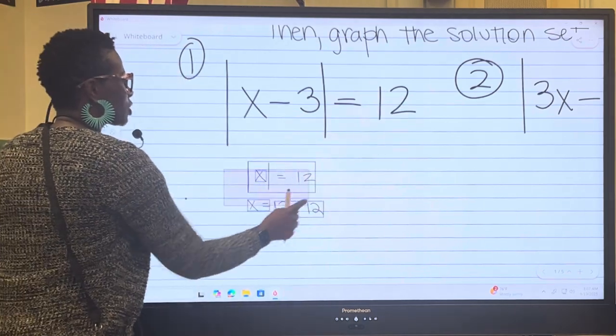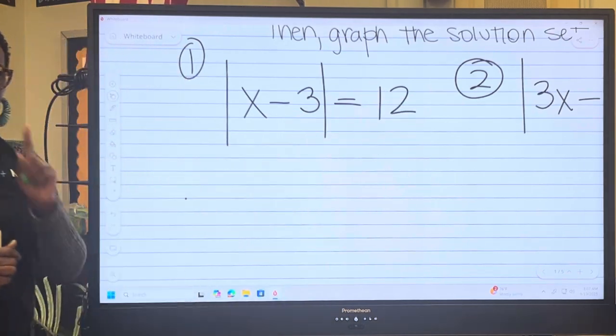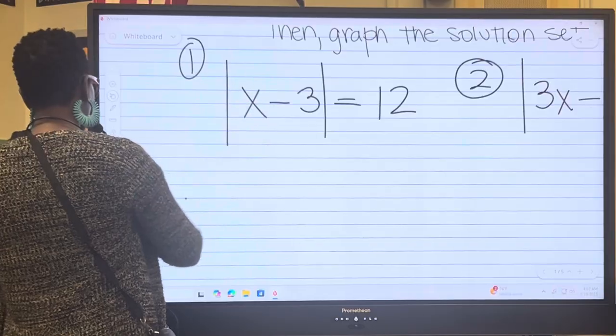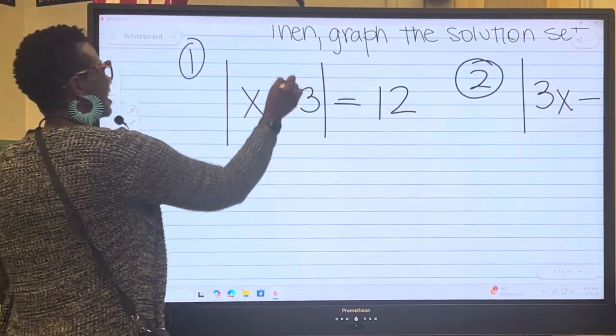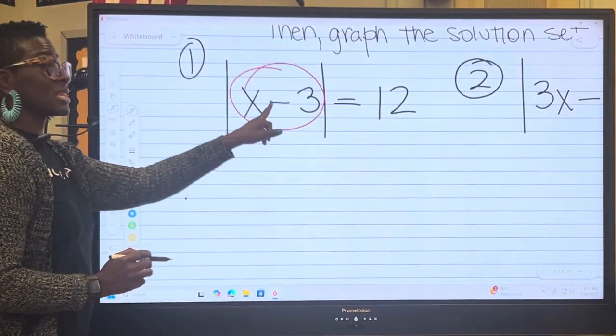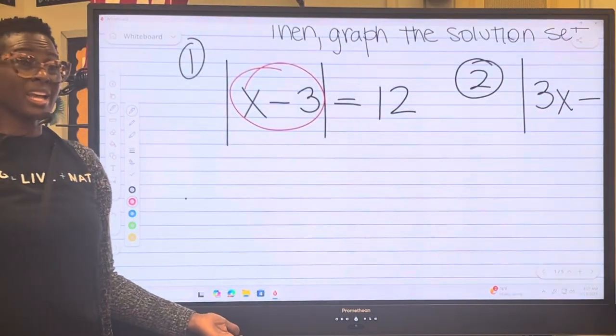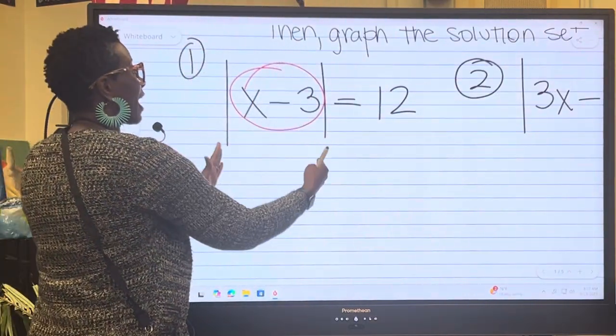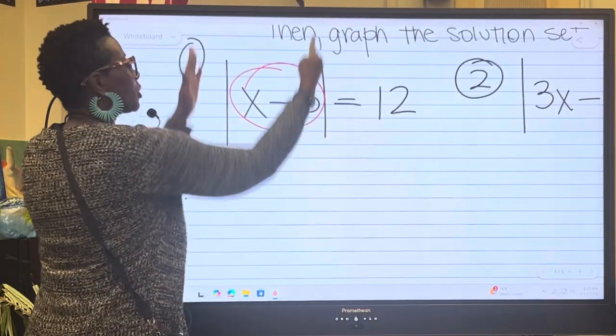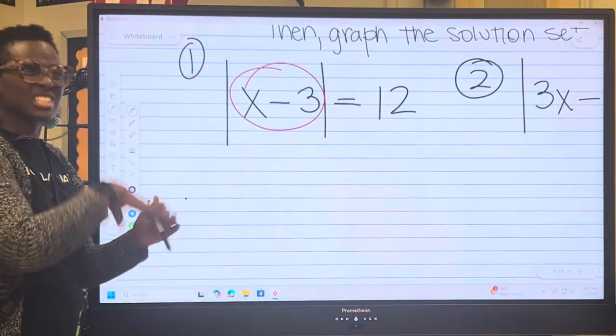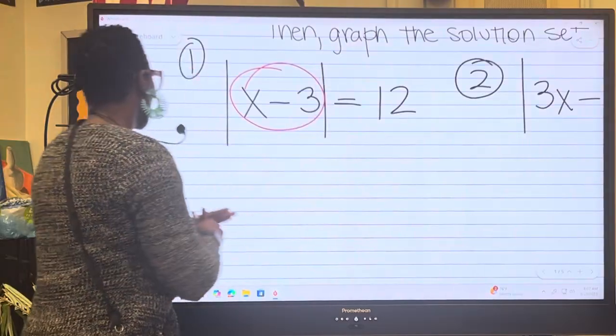So what am I going to do? I'm going to set it to just that. Watch. I'm going to take what is inside, and I'm going to set it to 12, and I'm also going to set it to what? Negative 12, because once you take the absolute value of 12, it's 12, and when you take the absolute value of negative 12, it's still going to be what? 12.